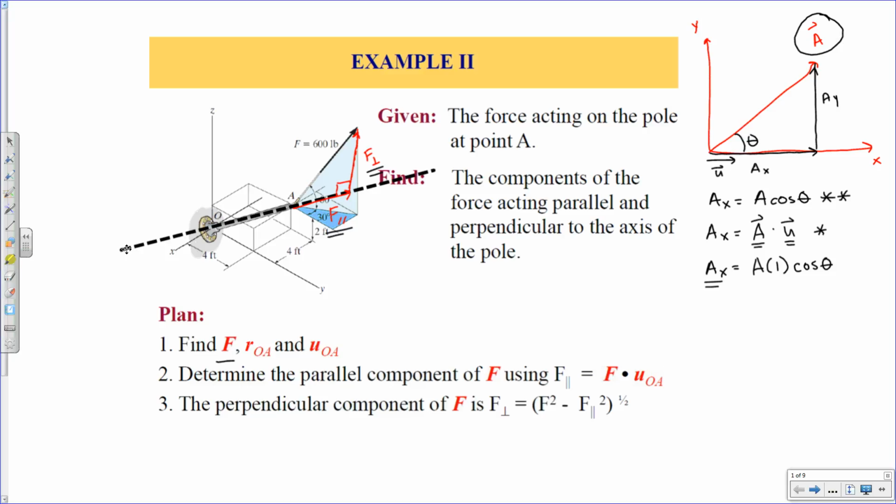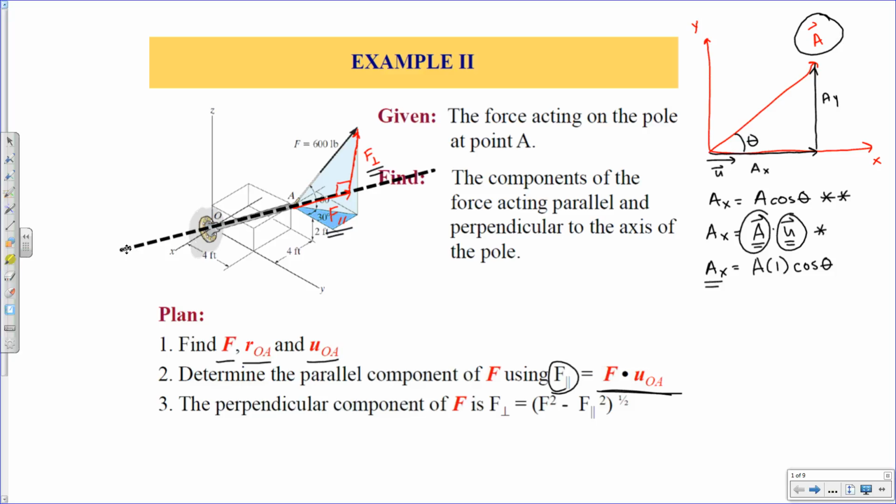We want to determine a position vector from the origin to A. And with that position vector, we can then determine a unit vector that describes the direction from O to A. This is the unit vector that we want to use in our dot product. So once we dot F and the unit vector from O to A, we will uncover the component of the force that is along the line OA.